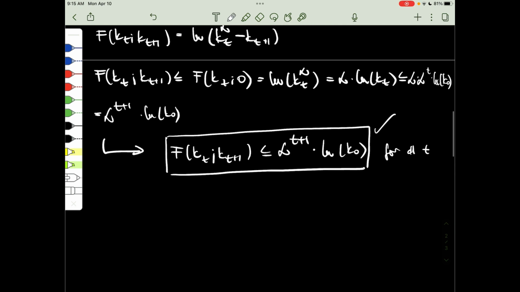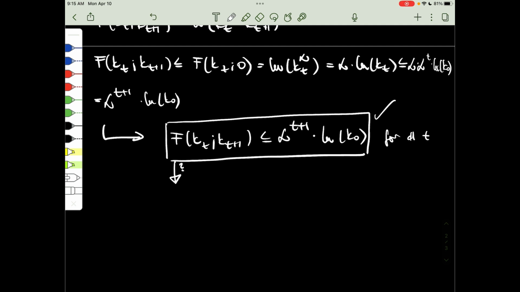So from this inequality, we need to prove, and this is the question, we need to prove if this limit applies for this return function.